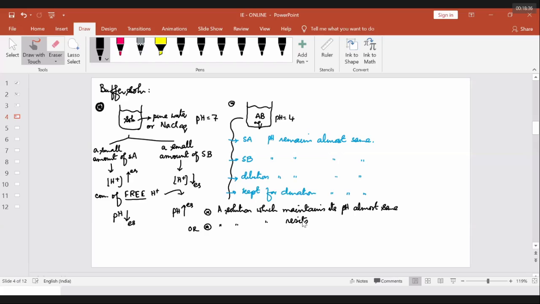It should resist. It will say, no, I don't want to change my pH. Resists change in its pH value.